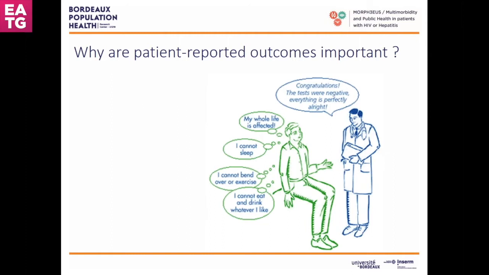So patient-reported outcome measures are important because they lead us in the medical sciences to be more focused on the real benefits that are achievable for patients. And they seek to overcome what we often refer to as an asymmetry in doctor and patient communication.